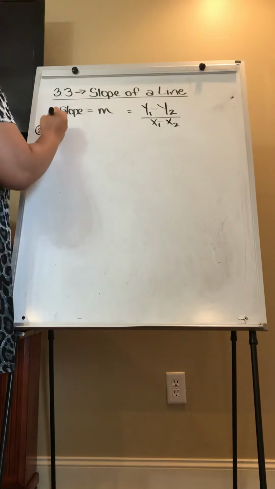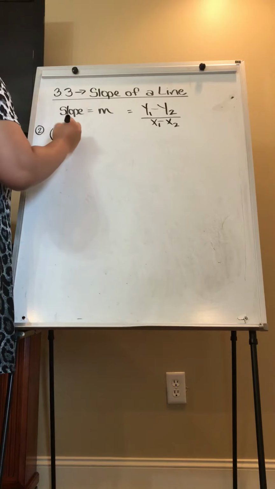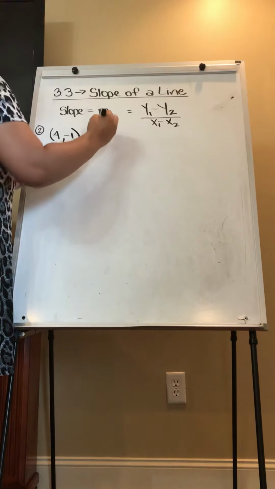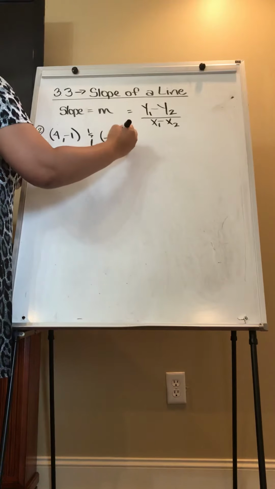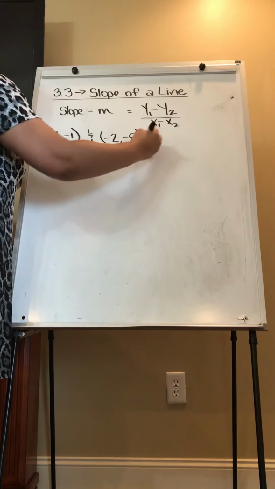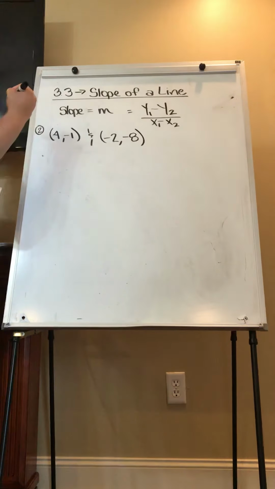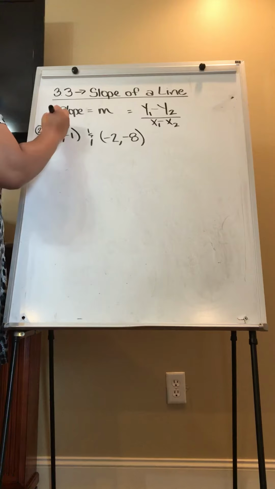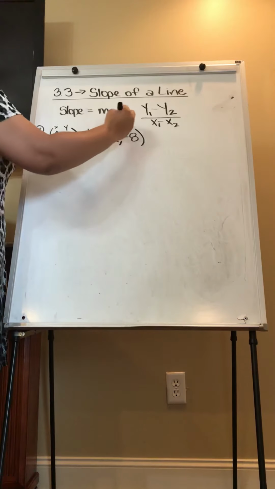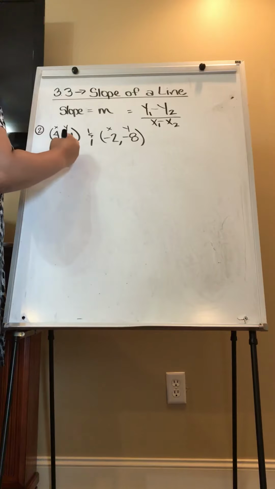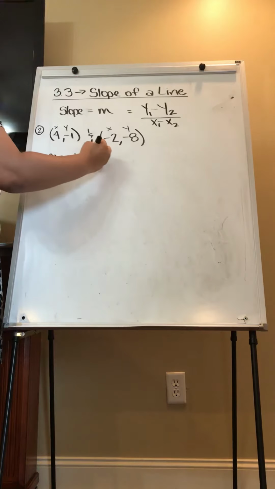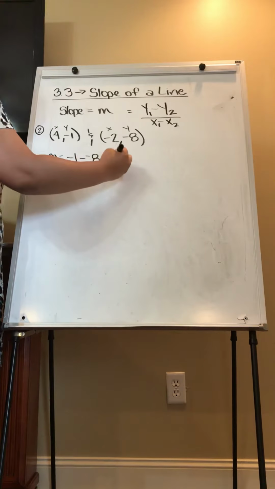Let's do, we have 4, -1, and then we have -2, -8. So we're going to take our y numbers, which would be -1, minus a -8 on top.